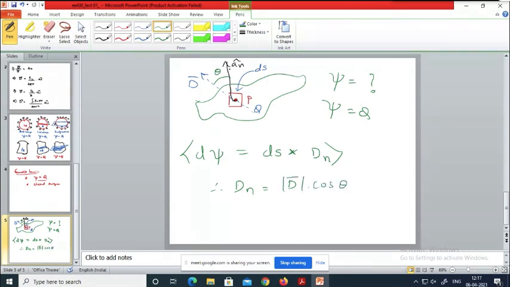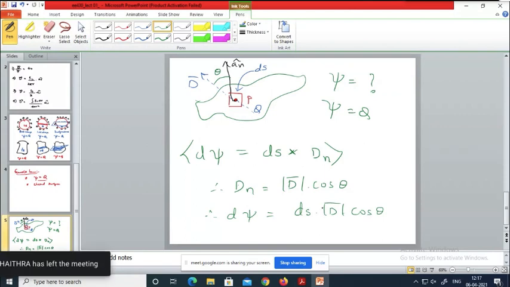Am I right here? This is a normal vector at P. So I just have to find the vector component of this flux density D, which is equal to D cos theta. Therefore, my expression for d psi becomes ds into D into cos theta.